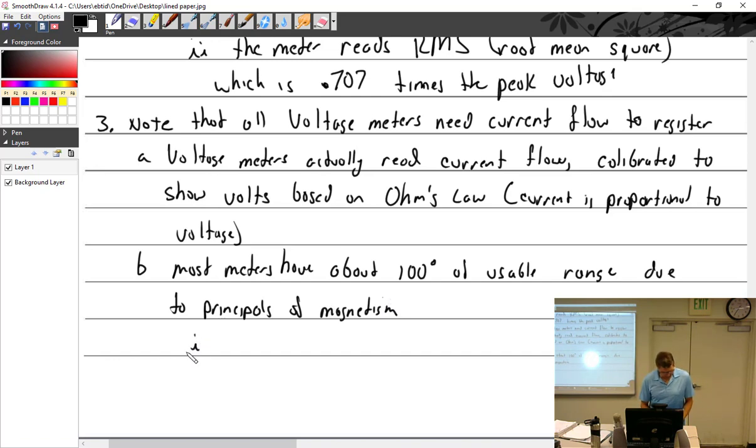So magnetic force acting on a substance is inversely proportional to the distance, which is to say that the further away you get from a magnetic source, the less influence or pull that it actually has on something.